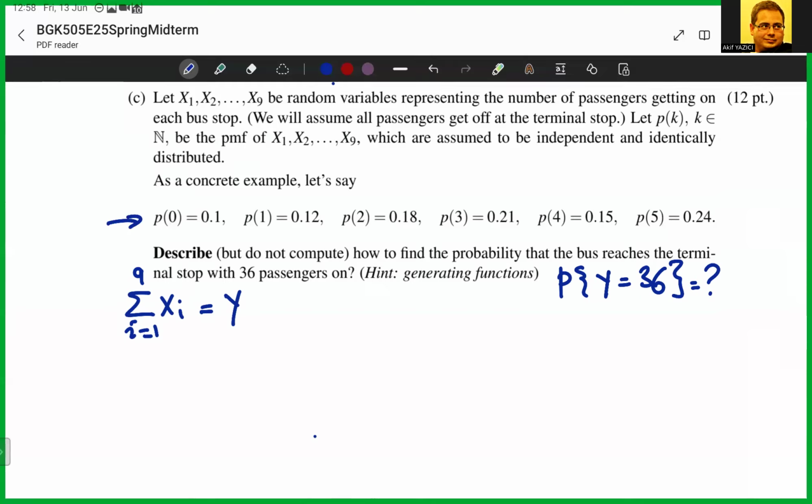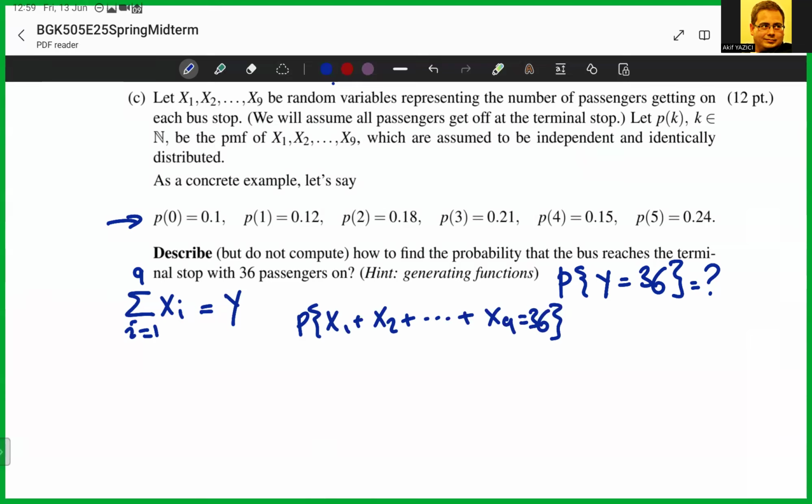But the question is, what is the probability that the bus reaches the terminal stop with 36 on board? So we need to find the probability that X1 plus X2 plus ... X9 equals 36. So two approaches here. One, if you have the distribution of the X's, you can try to list all the combinations that add up to 36.